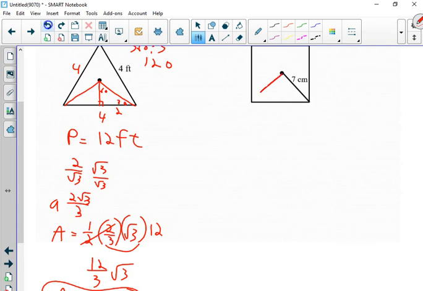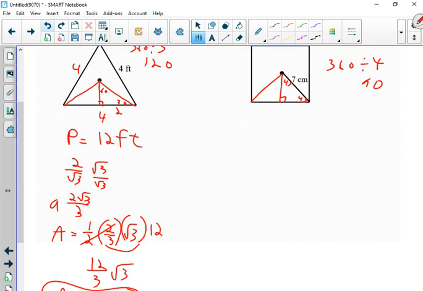We're going to draw this out again. And we do 360 divided by 4, which is 90. So that central angle right here is 90. We're going to drop our apothem down, which makes this 90, and this is 45 and 45. So 7 is our hypotenuse.